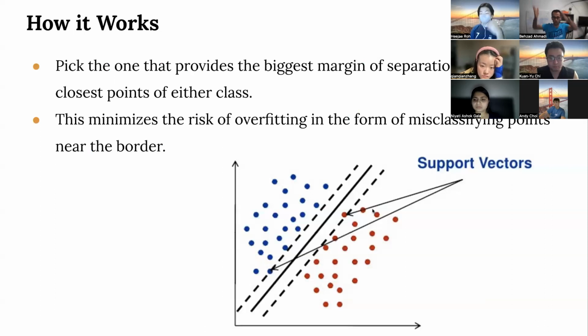So you have two support, and hence the name of support vector machine. So you find the two support vectors, and then try to find something in the middle, and that's your optimal line.